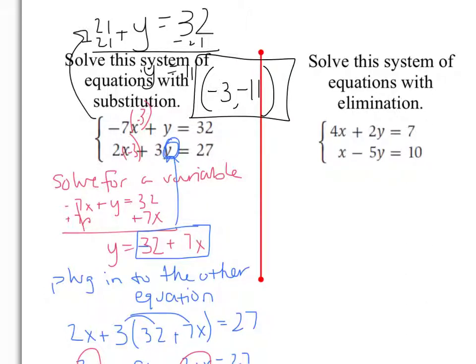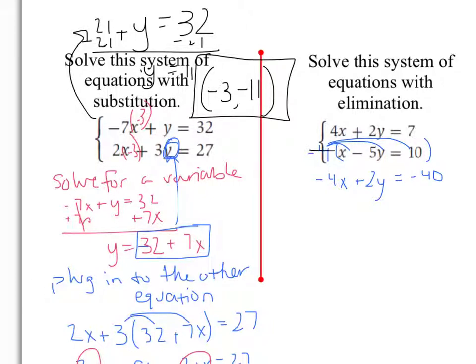That's substitution. Last example, elimination. The goal of elimination is to try to combine your equations so that something cancels out. If I multiply my entire second equation by negative 4, let's see what happens. Negative 4x plus 20y equals negative 40.